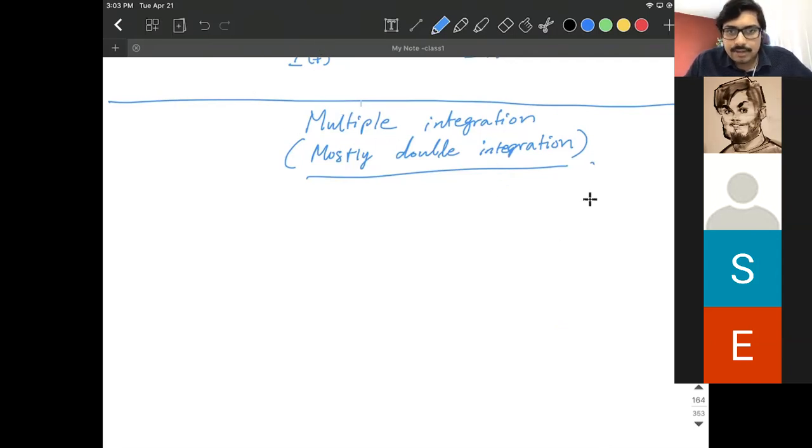What I plan to do is go through this section fast, like the Riemann integration part, leaving the details for you to read, and I will just point out some important properties which we will need. And then we will move as quickly as possible to the computations of double integrals. So are you happy with this approach, or if you want, I can explain a little bit more. I can go a bit more slowly, but the trade-off then would be that maybe we have to leave out Green's theorem.